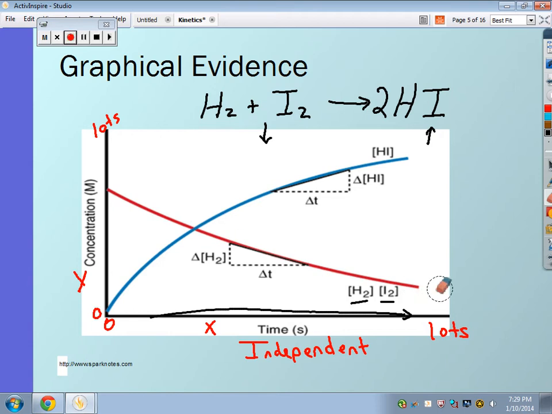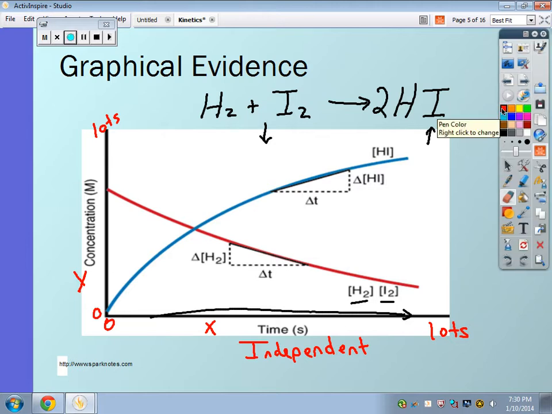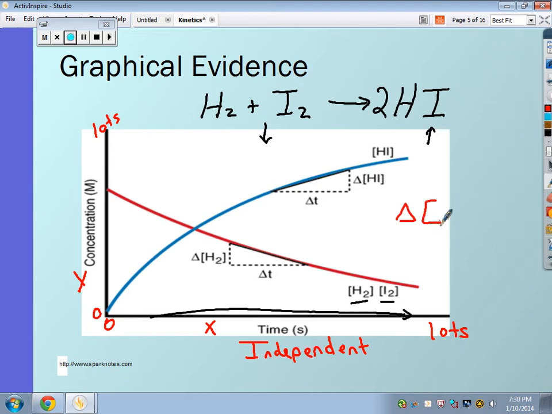Okay. Now if you look, what are these variables? If I find the rate, how do I do that? What was the equation again? Change in concentration, in this case of H2 or iodine, right?